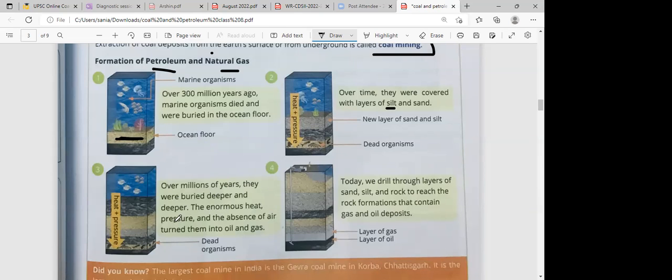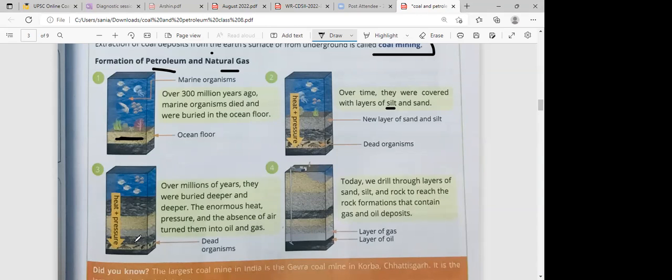Over millions of years they were buried deeper and deeper. The enormous heat, pressure and absence of air turned them into oil and gases. More and more silt and sand kept coming, and they were buried further down, with heat and pressure and no oxygen.